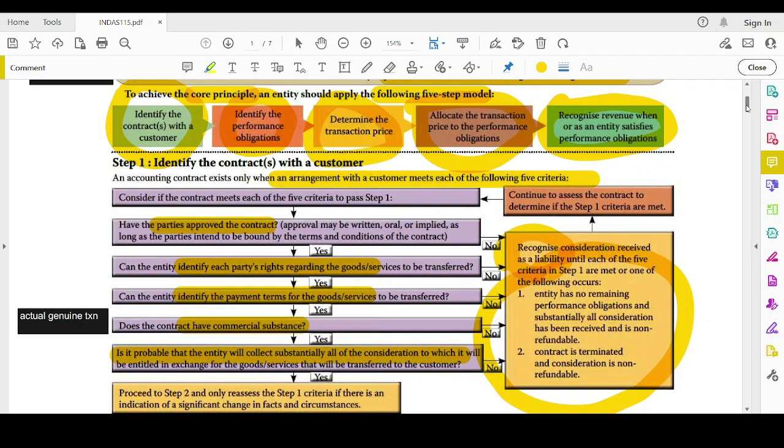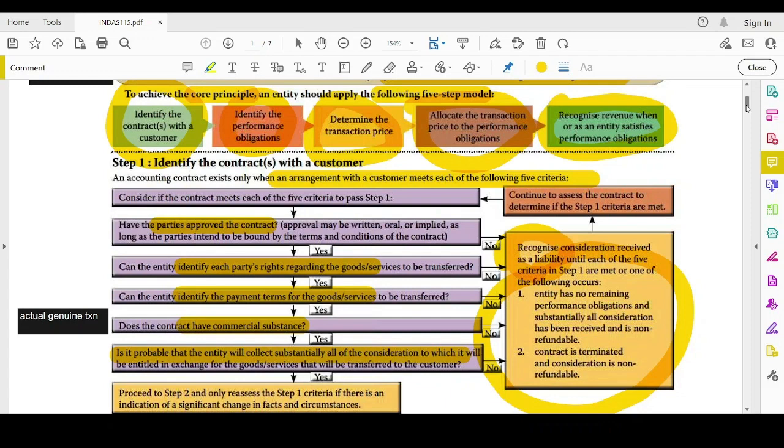Okay, if one of the five conditions is not satisfied, then what should I do? I should check two more conditions. I have to check whether the entity has completed all of its performance obligations and doesn't have any other performance obligation left to be fulfilled, and it has substantially received all the consideration and such consideration is non-refundable.